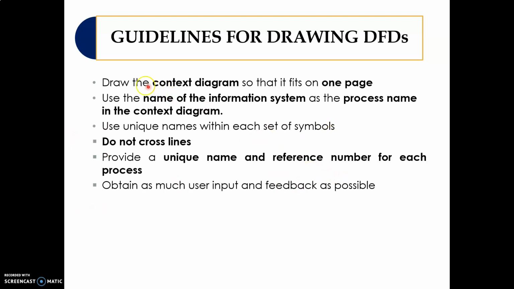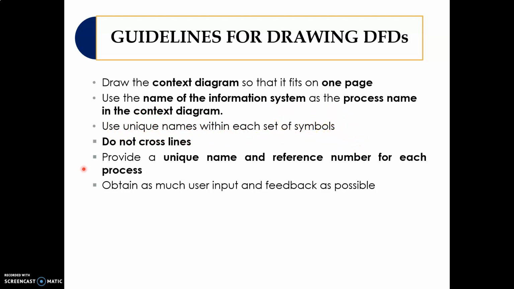So there are a few guidelines for you in order to draw the DFD. First, you need to draw the context diagram so that it fits on one page. And second, use the name of the information system as the process name in the context diagram, and then you must use unique names within each set of symbols.